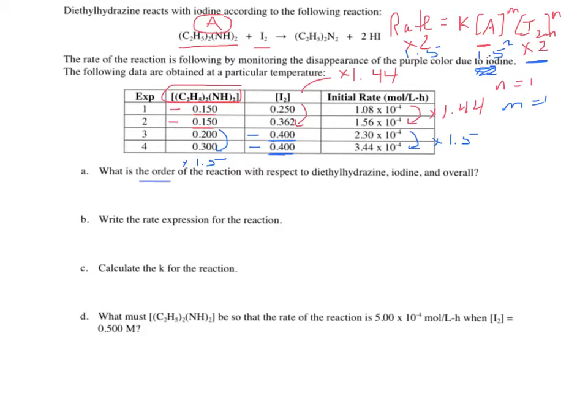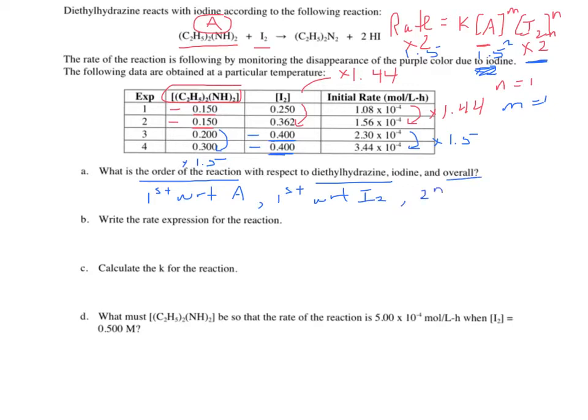So what is the order of the reaction? I would say that it's first order with respect to diethylhydrazine. I'm going to write A again because I don't feel like writing it. It's first order with respect to I2. And for the overall order, all you do is add them. 1 plus 1 is 2.